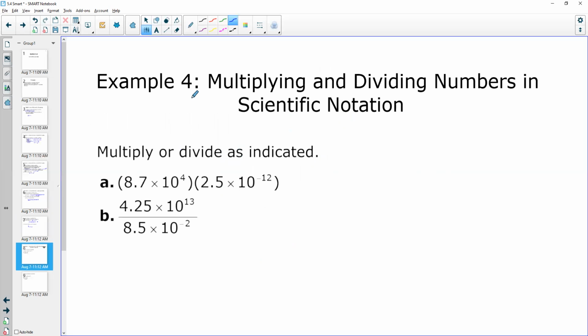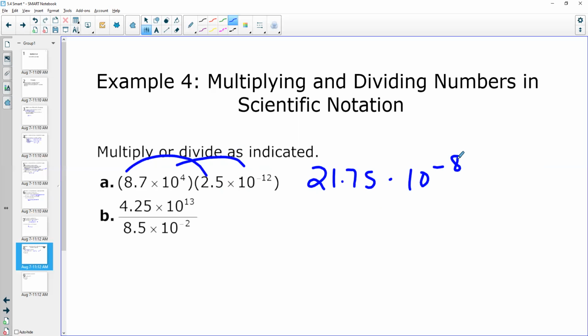All right. So this is the trick to this section. It's not super terrible. But what we do here is we do numbers and tens. So the first thing you're going to do is multiply 8.7 times 2.5. I'm going to get 21.75. And then I'm going to have 10 to the 4th times 10 to the 12th. Well, that's 4 plus a negative 12, 10 to the negative 8.